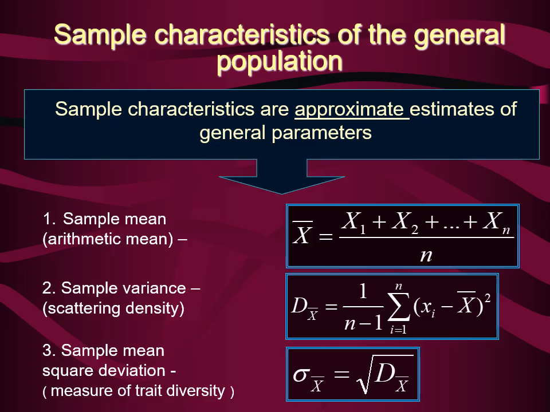All the options are added up and divided by the number of terms. The sample variance can be calculated in exactly the same way as the variance, using the formula that we wrote down in the last lesson; it will be approximately the same. And finally, the sample mean square deviation. This is still the same square root of the variance.